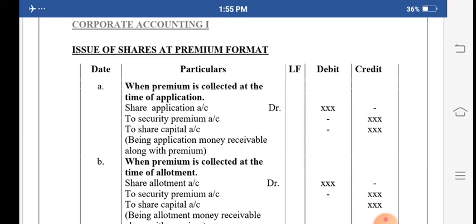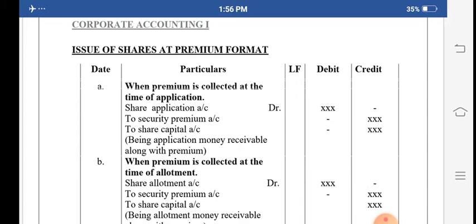If the premium is collected at the time of application, how to pass the journal entry? Share application account debit, to security premium account credit, to share capital account credit. Narration: being application money received along with premium.